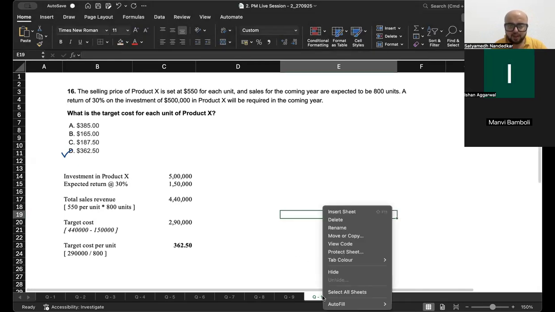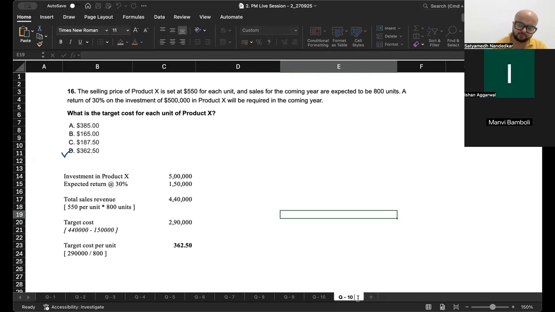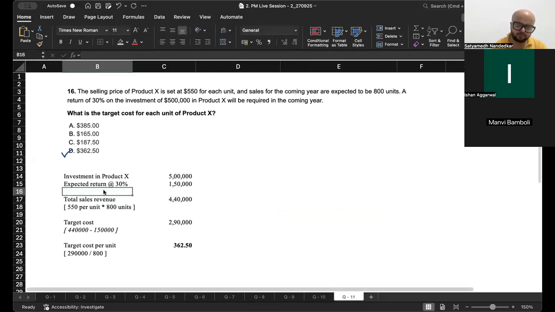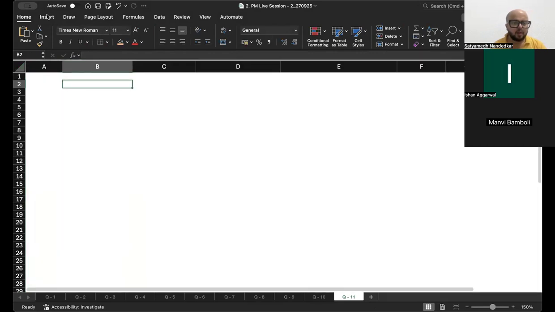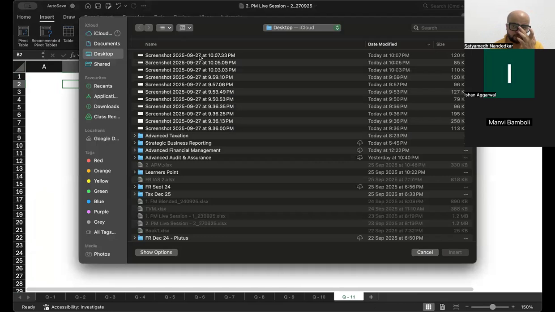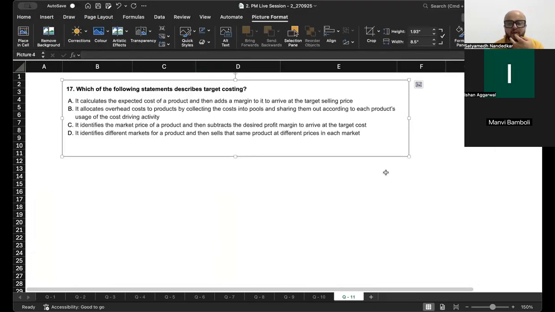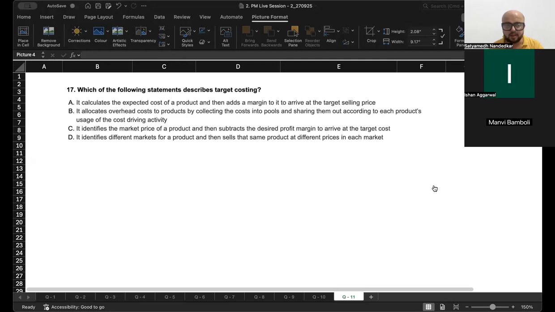Now a theory question on target costing. Which of the following statements describes target costing? ठीक है.